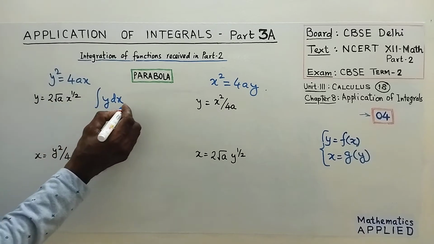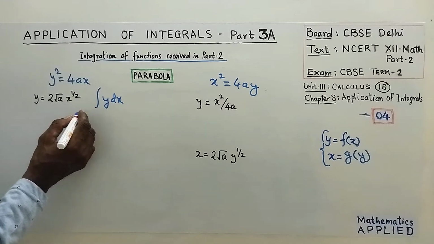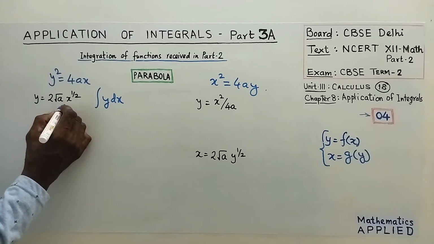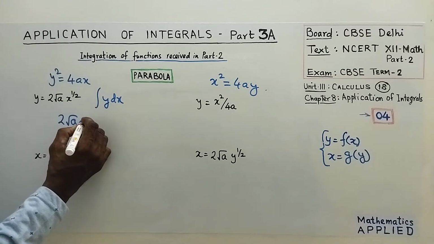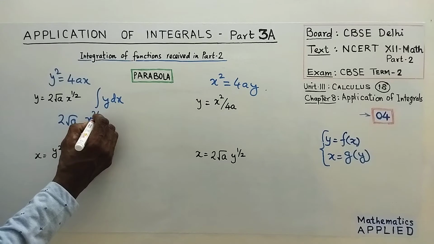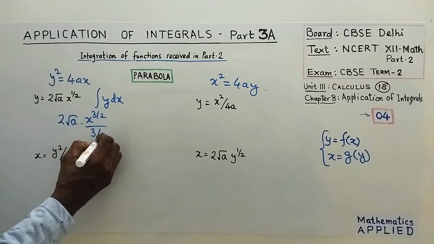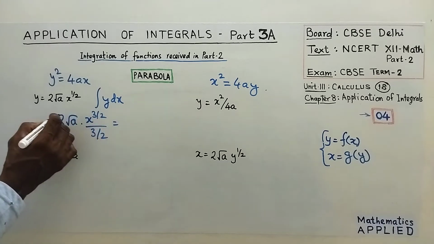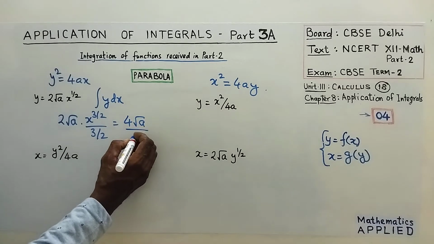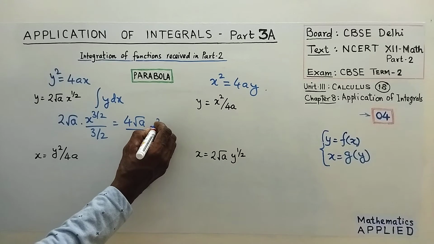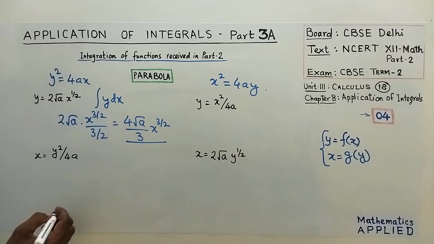So again, the x power n formula only we are applying here. This is a constant, so 2 root a comes out. Integration of x power half is x power 3 by 2 divided by 3 by 2. So this 2 goes up, and that gives me 4 root a by 3 x power 3 by 2. This is the result.